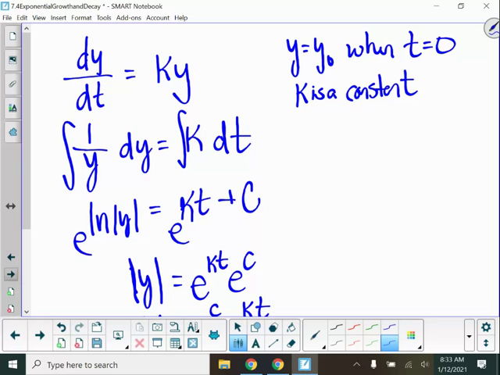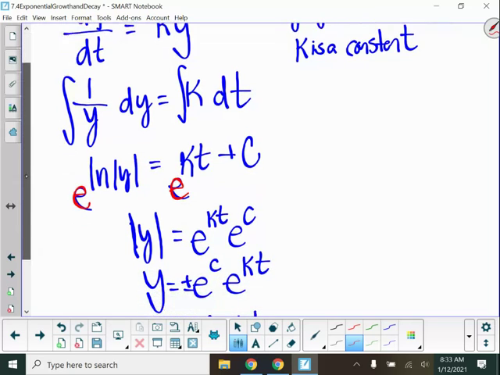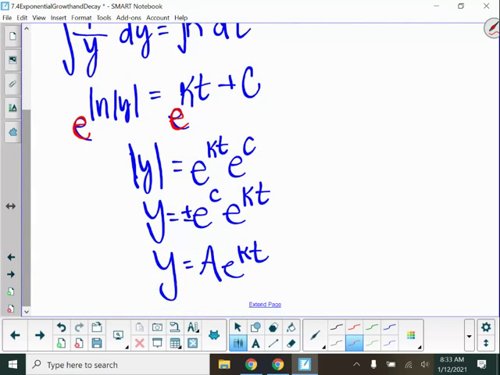If we do the antiderivative of 1 over y, that's going to be natural log of y, and so that's going to equal kt plus c. And then I did this e layer, because if I need to solve for y, I have to raise each side to the e power. E to the natural log y is just equal to the absolute value of y.